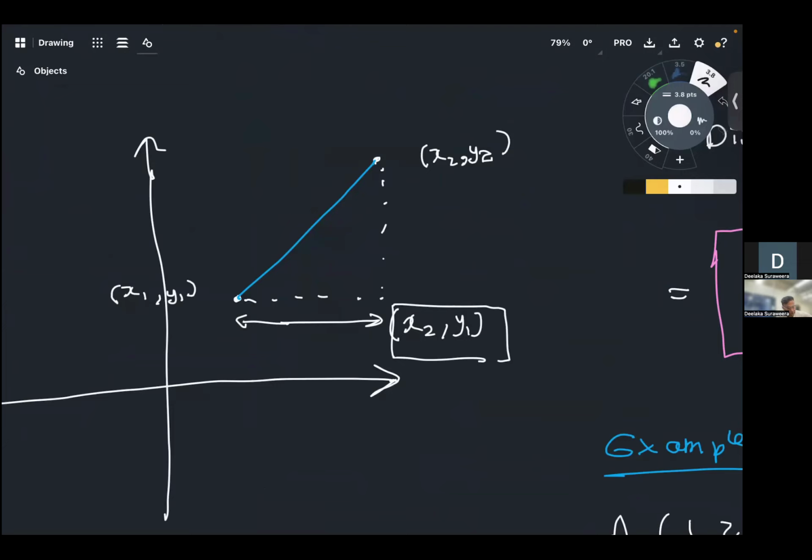X2 minus x1 is the distance here. By the same logic, this is y2 minus y1.